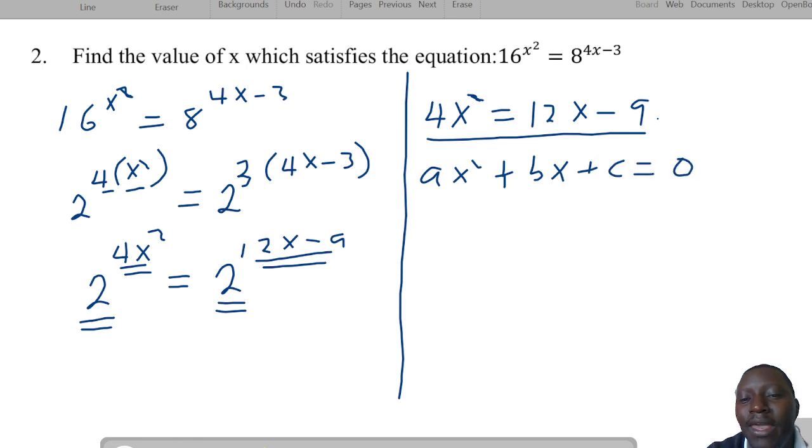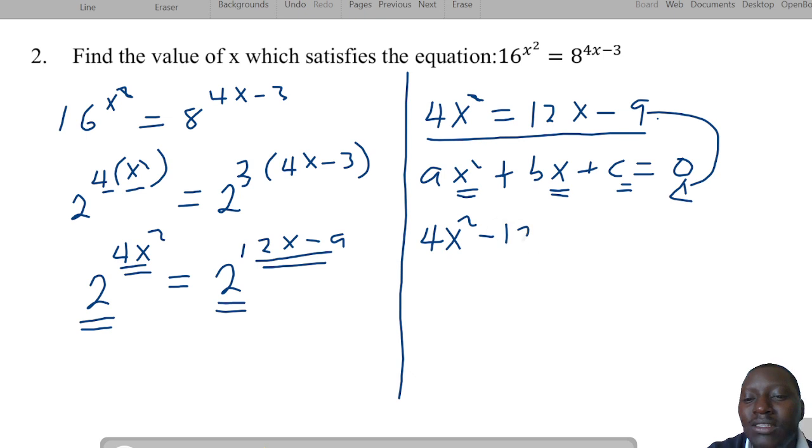So basically, x is reducing from power 2 to power 1, and here x is to the power of 0, because we know that a number raised to the power of 0 is simply 1. So we want to rearrange this to form a quadratic equation, and that quadratic equation will be simply 4x squared minus 12x plus 9 equals 0.